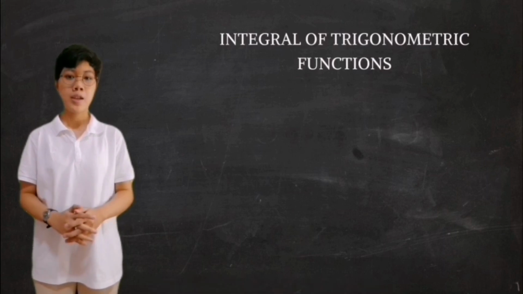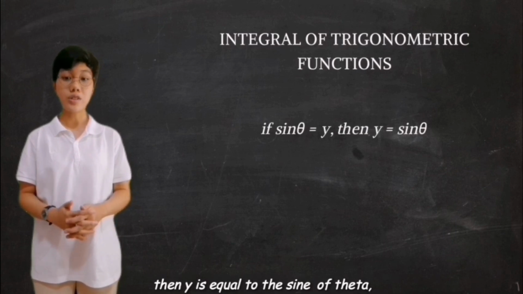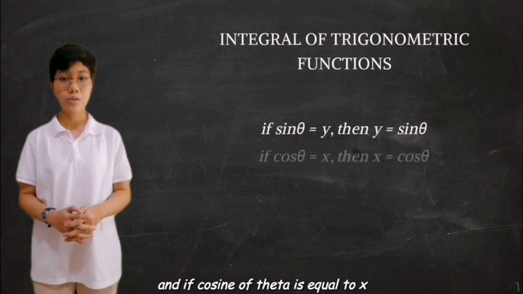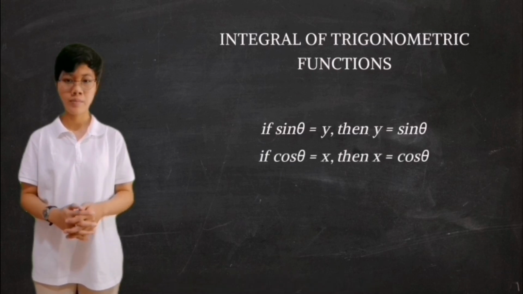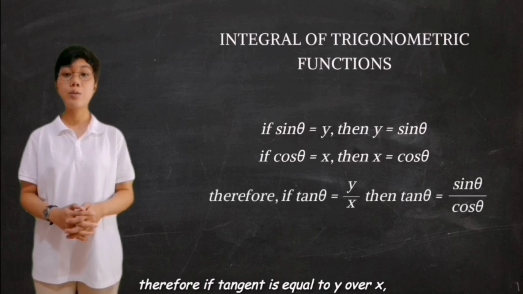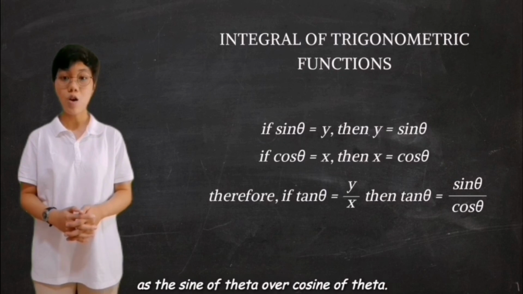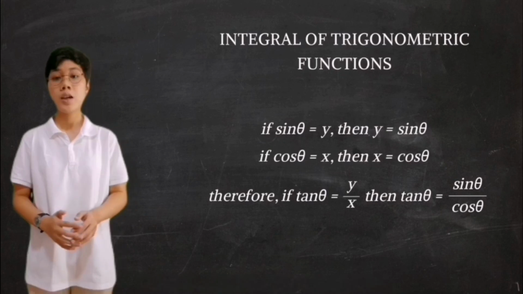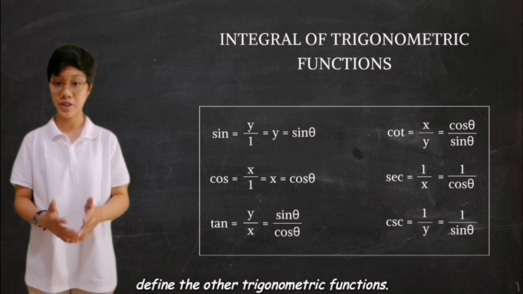For example, if the sine of theta is equal to y, then y is equal to the sine of theta. And if the cosine of theta is equal to x, then x is equal to the cosine of theta. Or, if tangent is equal to y over x, then we can rewrite tangent as the sine of theta over the cosine of theta.